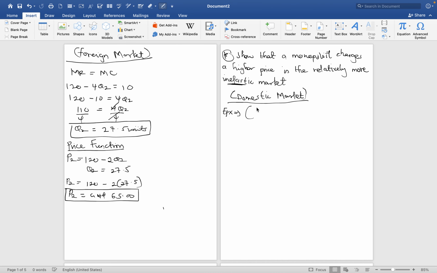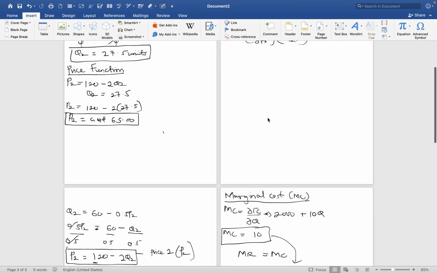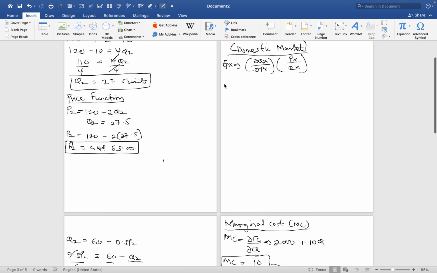So we have the derivative of QS with respect to PS times PS over QS. So we'll pick the price and quantity for the domestic market. Before we start, we need the demand function that was given for the domestic market.